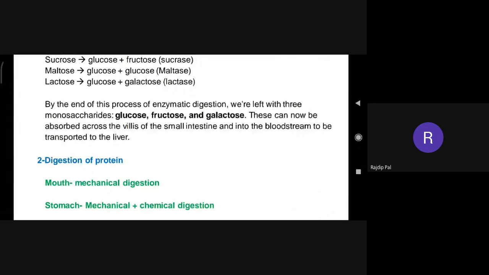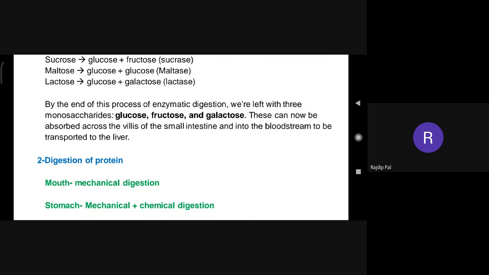These can now be absorbed across the villi of the small intestine and into the bloodstream to be transported to the liver. What is the whole thing happening? We are eating a banana, and in our mouth salivary amylase is breaking down the polysaccharide into disaccharide, and salivary amylase stops its work in the stomach due to low pH.